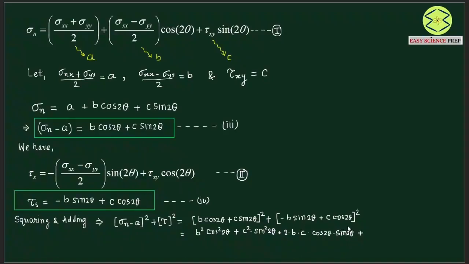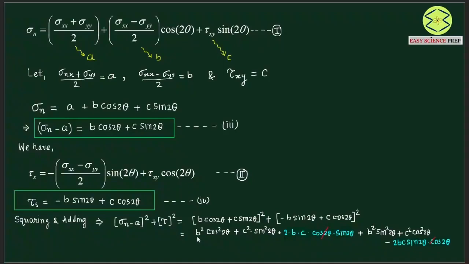Then the second part, you will get B square sin square 2 theta plus C square cos square 2 theta minus 2BC sin 2 theta cos 2 theta. Very simple algebra of expansion. So if you look here, this is plus 2BC cos 2 theta sin 2 theta and this is minus 2BC sin 2 theta cos 2 theta, so both of them can be cancelled out.